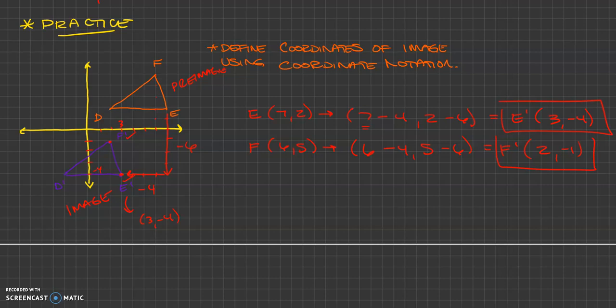That looks good. And let's go to D, and that's going to be at 2, 2. So 2 minus 4 and 2 minus 6. So D prime is going to be negative 2 and negative 4. And let's just double check. There's my negative 2, and it does go down to negative 4.